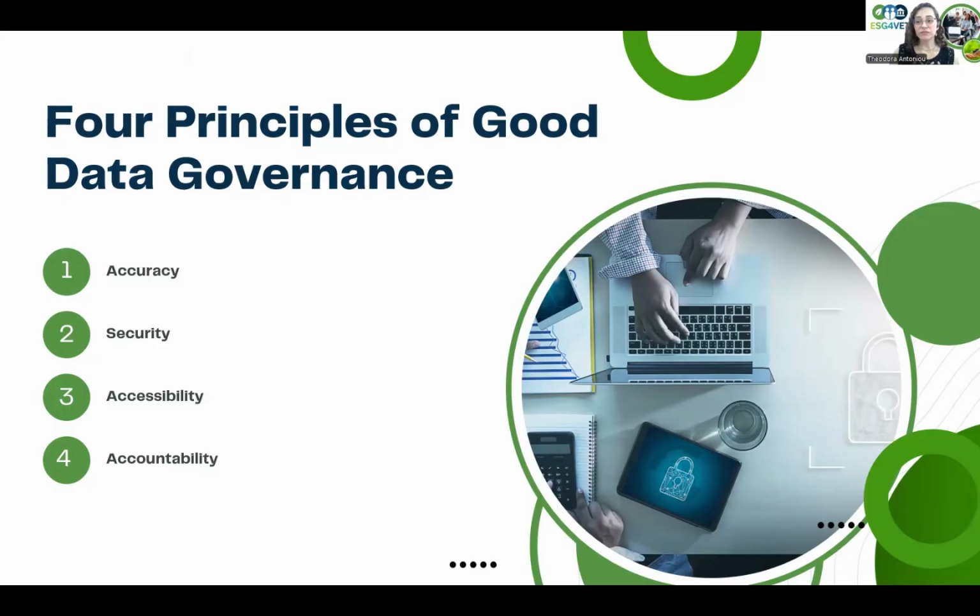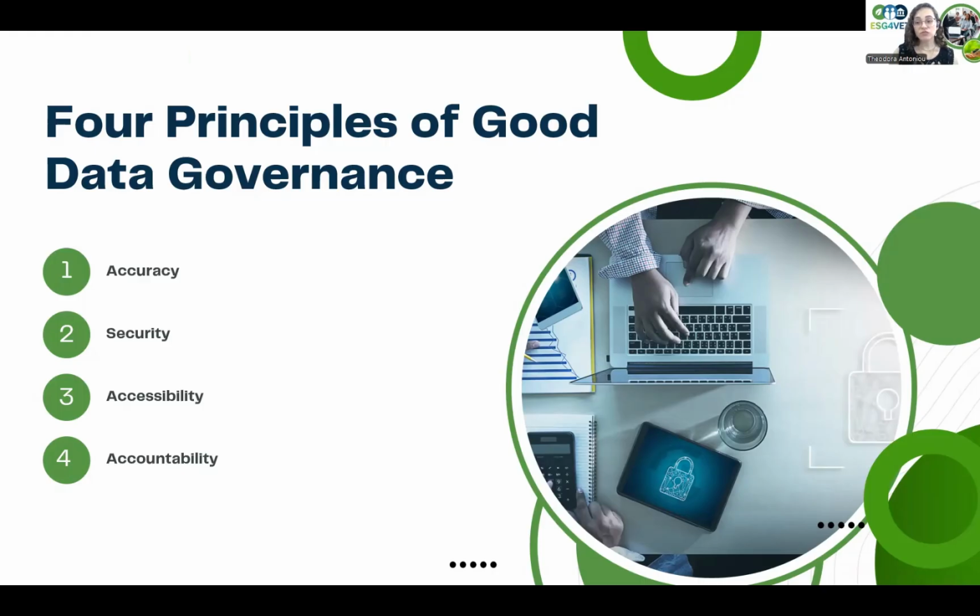Although workplace data governance includes many different processes, four key principles provide a useful starting point. The first principle is accuracy. Information should be correct, complete, and regularly updated. The second principle is security. Sensitive information must be protected against unauthorized access, loss, or cyber attack. The third principle is accessibility.